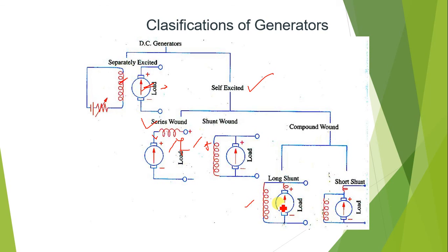These are the long shunt and short shunt. The long shunt has a larger coil, as I have discussed, while the short shunt has a smaller field coil. But in both cases we have a series coil also. This is how the compound wound generator is made.